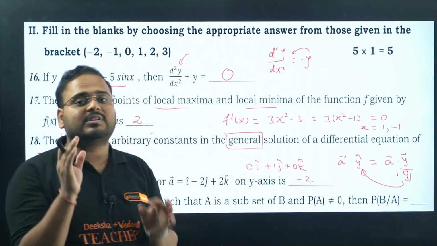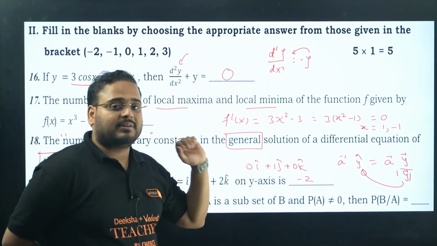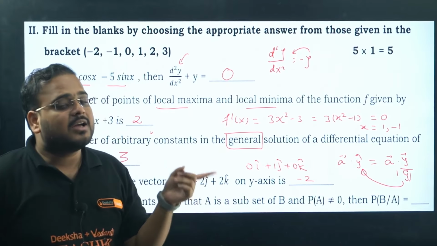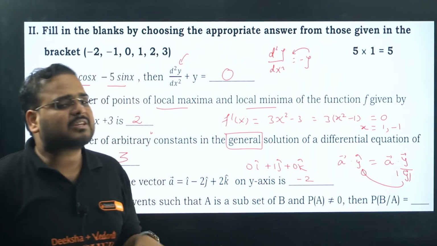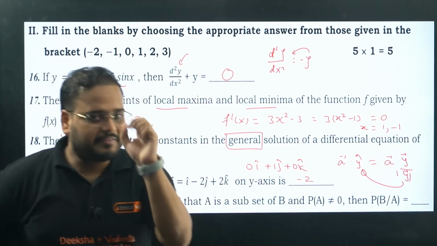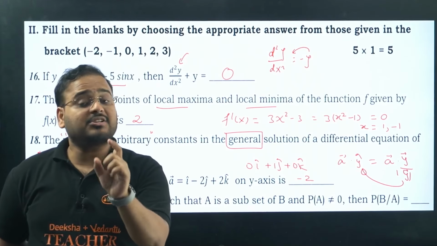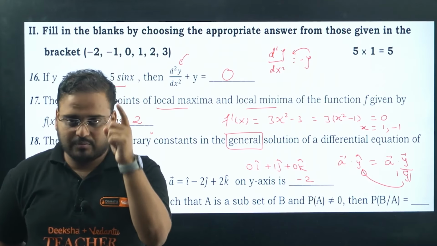Now listen to me very carefully. This is a concept over here. If you are writing with the help of direction cosines, it becomes a unit vector. What is direction cosines in this case? If I ask you all, listen to me very carefully, what is the direction cosine of y-axis, your answer should be 0, 1, 0. Listen to me one more time.